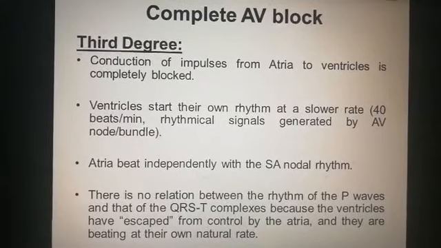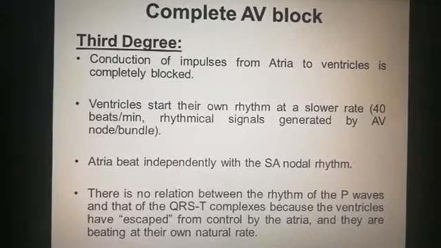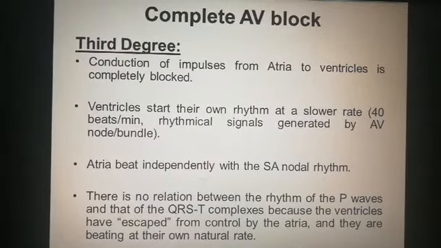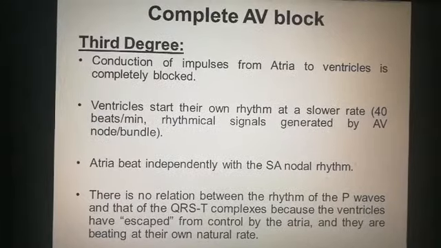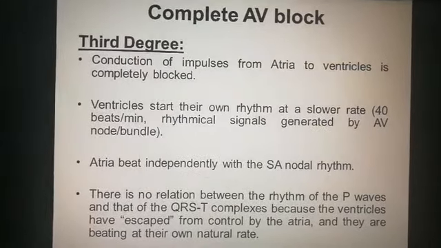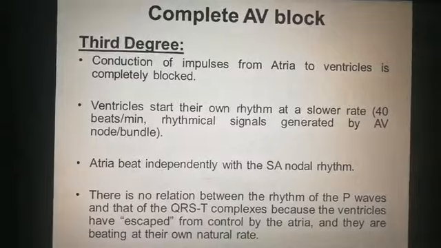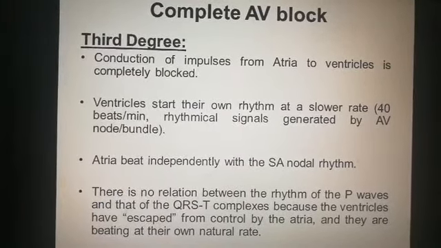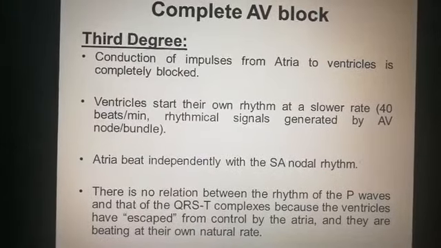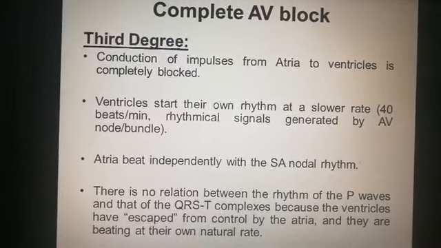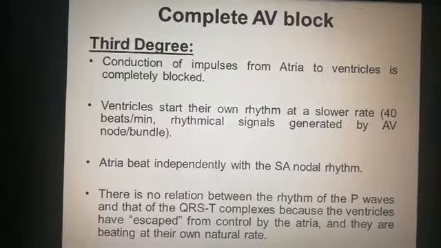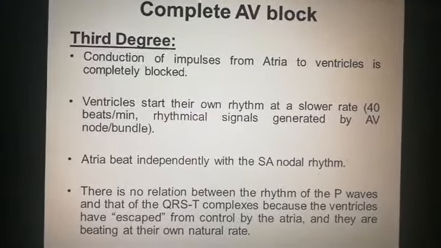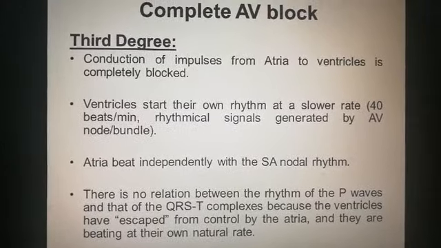So there is no relation between the rhythm of the P wave and that of the QRS T complex, because the ventricles have escaped from the control by the atria, and they are beating at their own natural rate. The very important point is that the ventricles have escaped from the control of the atria.